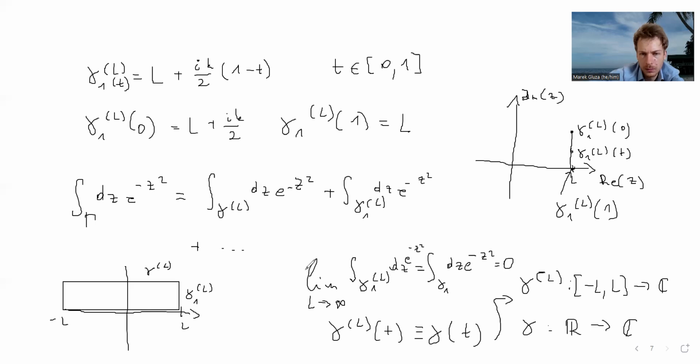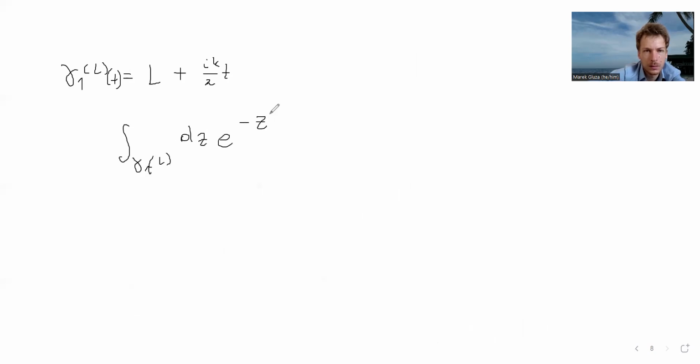So how to compute this? So gamma 1 restricted to L is L plus ik t. That's our formula. So the integral over gamma 1 at L dz e^(-z^2): what is the absolute value of this one?